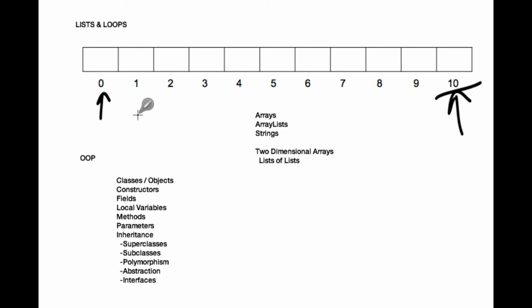All the work with the card game involved an array list of cards, the deck. All the work with the pictures, two-dimensional arrays of pixel objects, and then all the work with strings, or just working with lists.